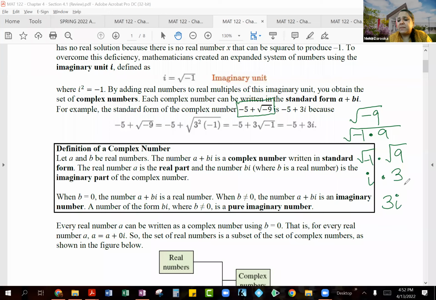So you actually end up getting 3i, and that 3i is your imaginary part for BI, and the -5 is your A part. So A plus BI. So that's how you convert these complex numbers, if they're given to you with the radicals, into the standard form of your complex number.